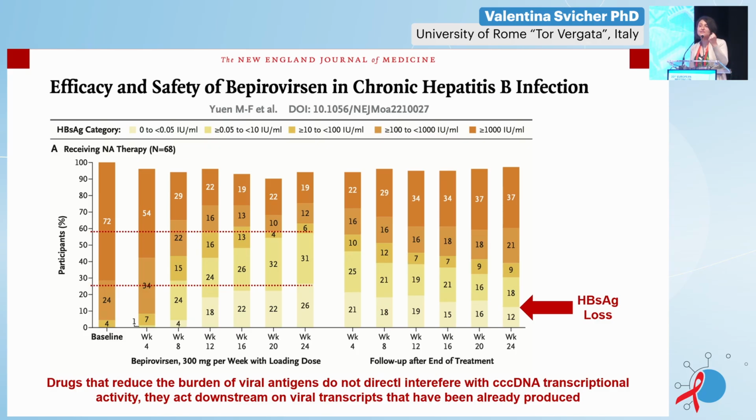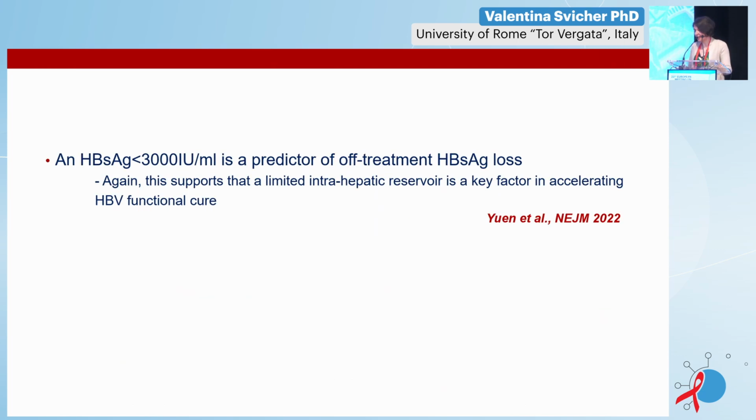However, this reduction in the rate of HBsAg loss after suspending treatment is an expected result, since this type of drug does not directly interfere with the cccDNA transcriptional activity, but acts downstream on viral transcripts that have already been produced.